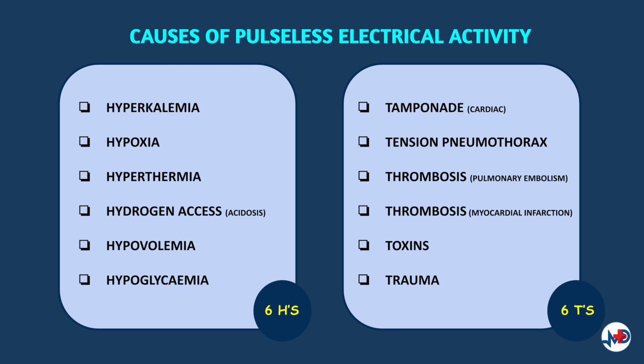So ensure as the resuscitation process is ongoing, you are actively looking out for these 6 H and 6 T causes of pulseless electrical activity. This can be done by quick examination, lab tests, or point of care testing.